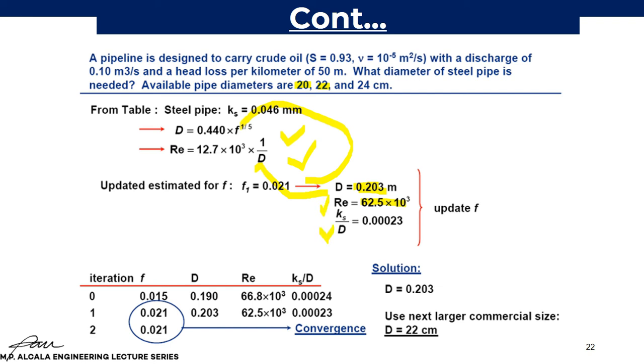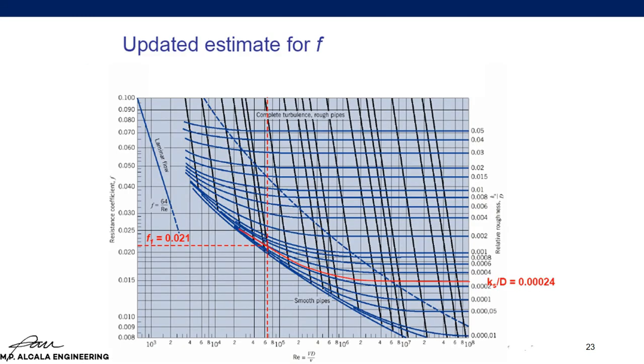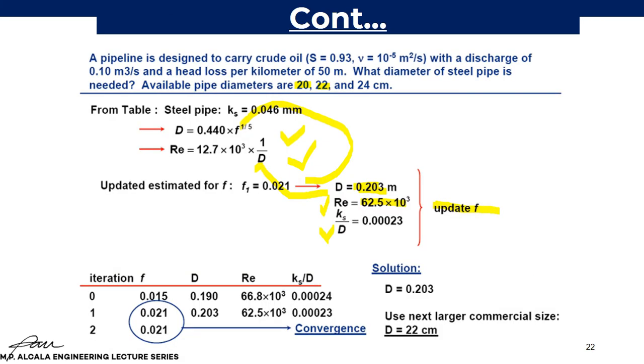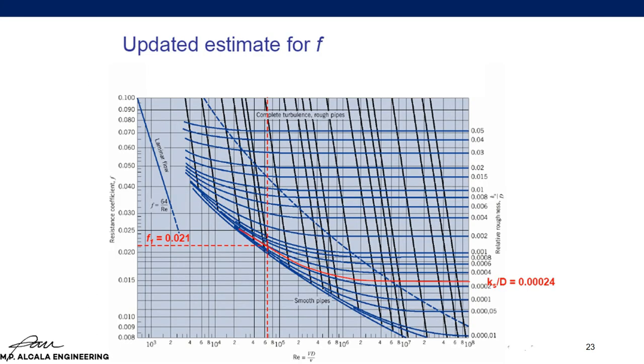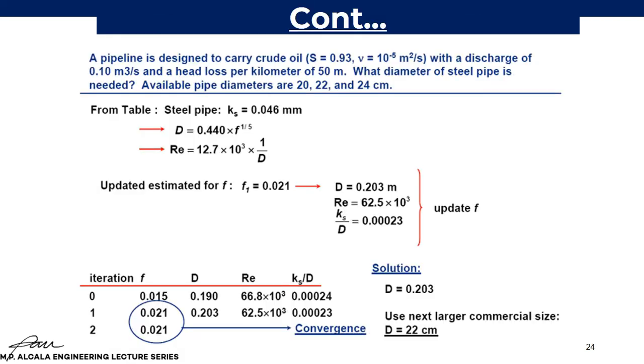Use this to have an updated function of F, right? From the Moody diagram. So, that will be again this one. 0.0024, Reynolds number of 62.5, about here. So, still close to 0.021, right?